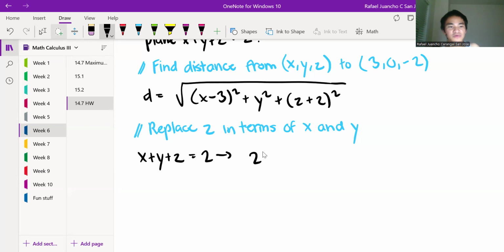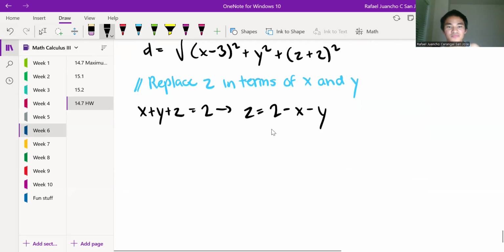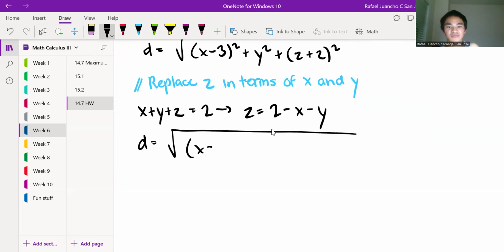I want to replace that with z being equal to 2 minus x minus y. So from there, let me just do a distance formula. This is x minus 3 squared, y squared, 2 minus x minus y, so 4 minus x minus y. I added a 2 here, right?